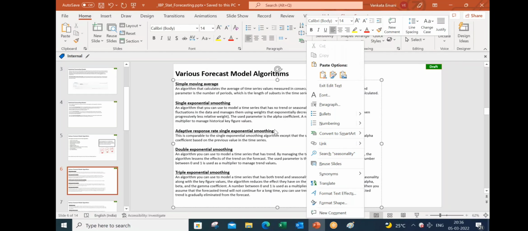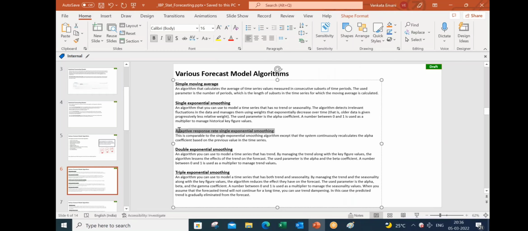In adaptive response rate, you can give one value like 0.1. The system will keep on incrementing alpha by 0.1: it will check 0.2, 0.3, 0.4, and see at which alpha you get a good forecast. The system will check and give you the best forecast.